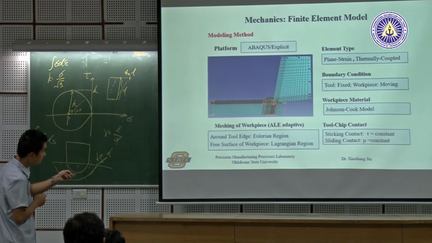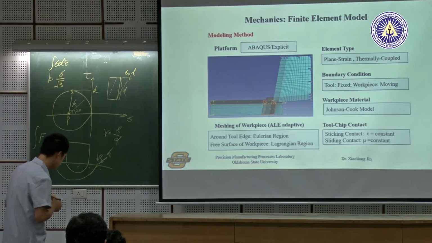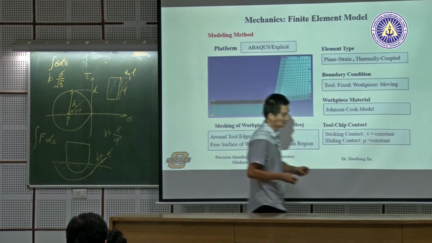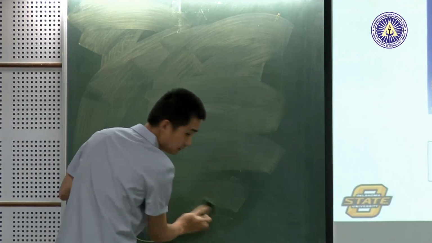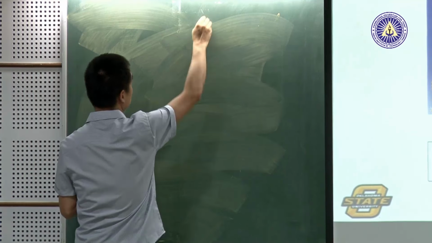Because the major problem comes from this small region here. What happens in the FE model is, let's say we first mesh everything into very small elements. Let's say there's a tool geometry, and here is a chip, right?